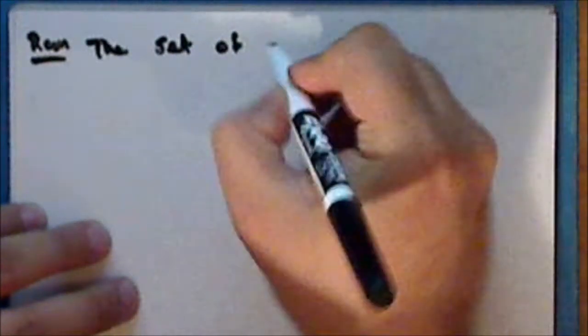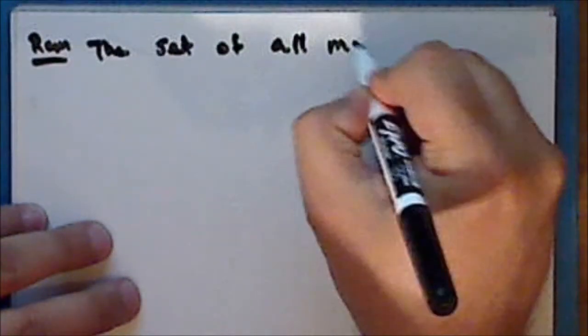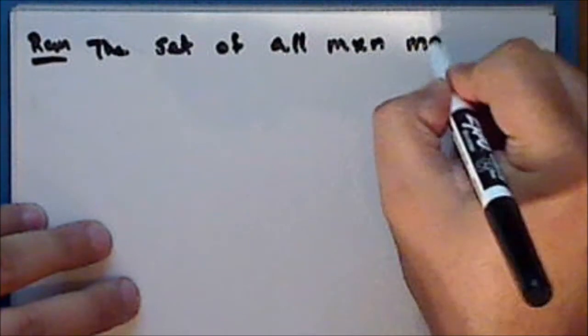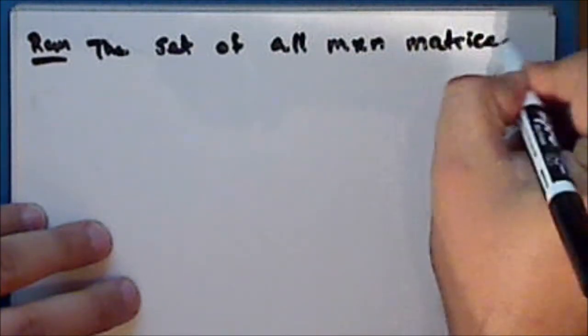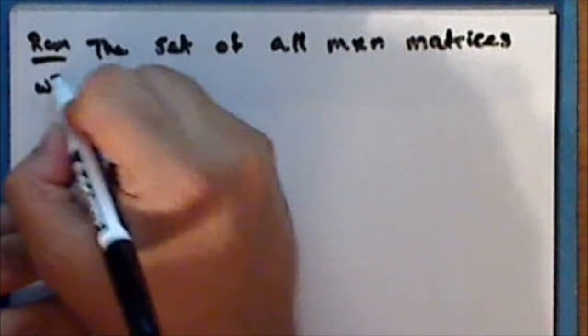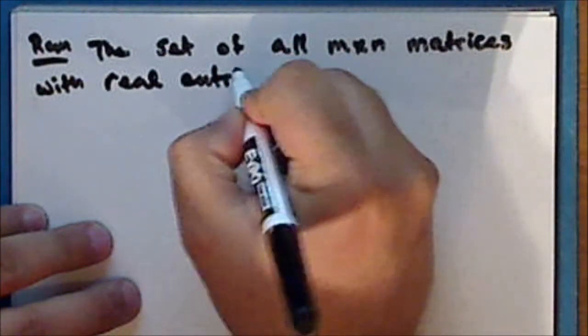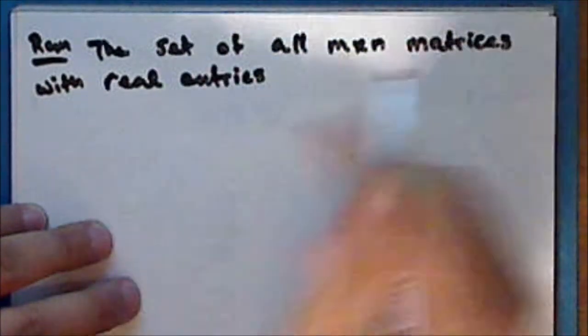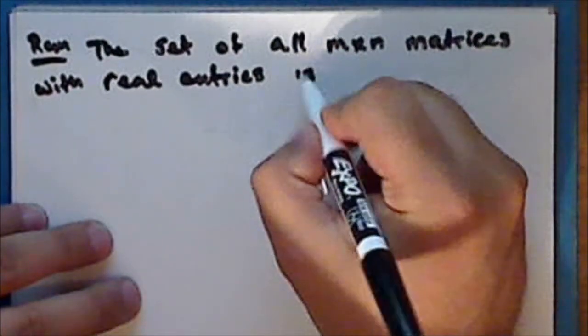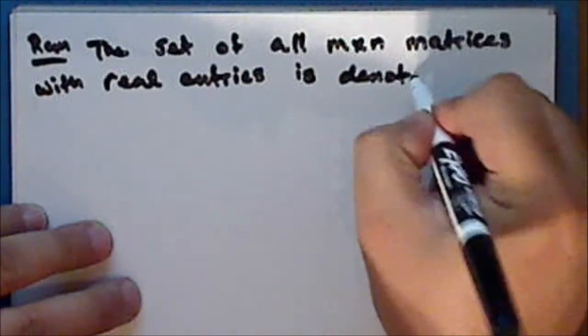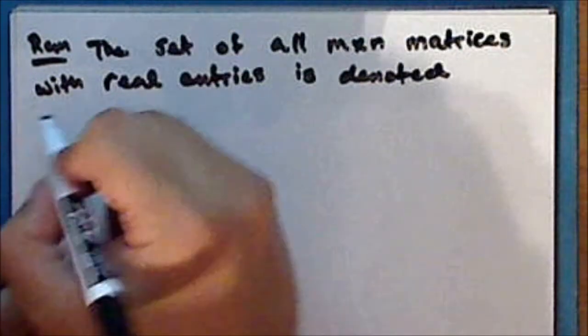Now the set of all M by N matrices with real entries, that is, real numbers, is denoted this way.